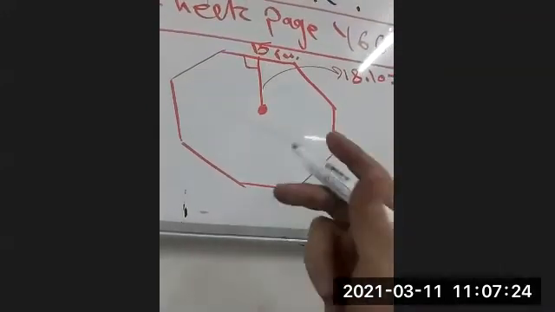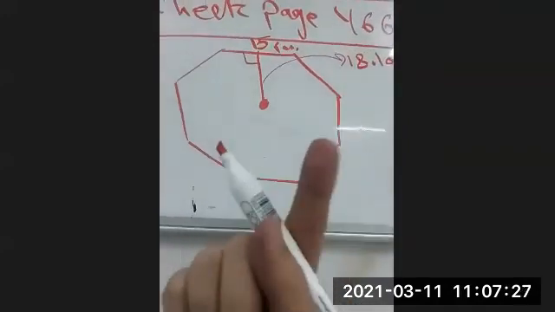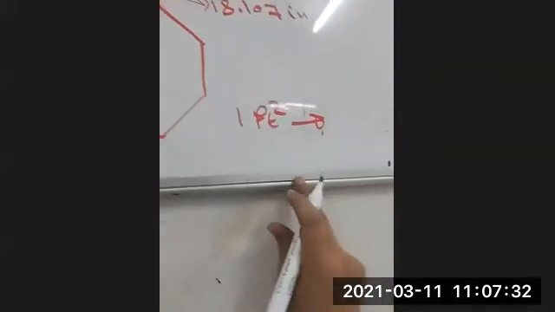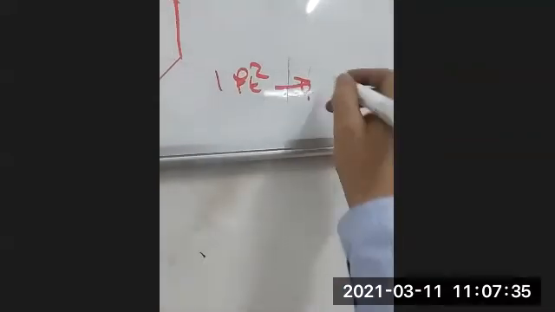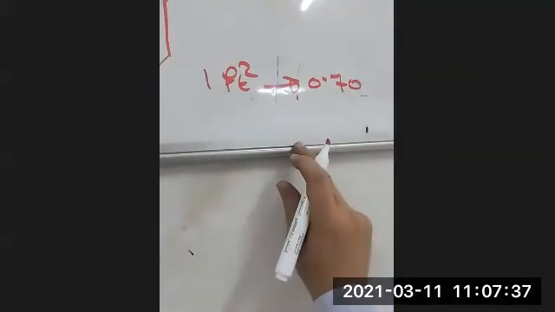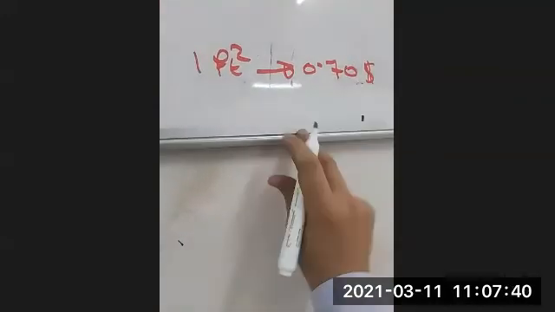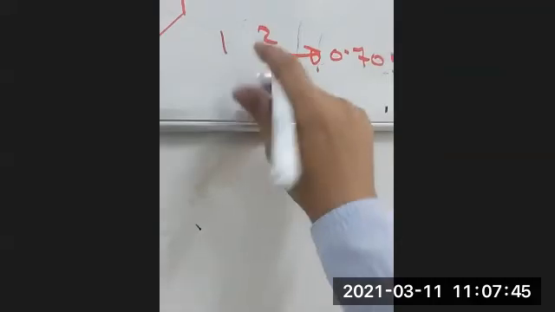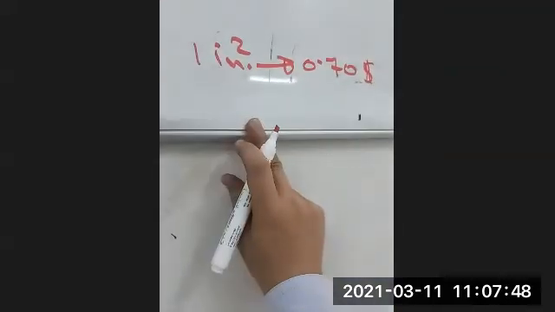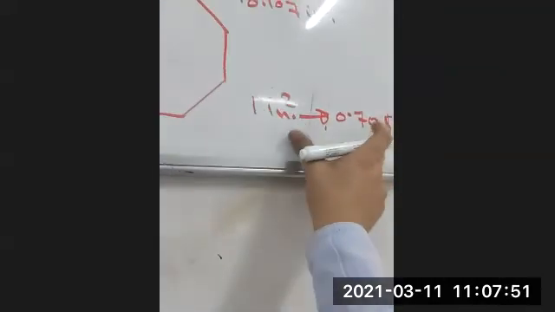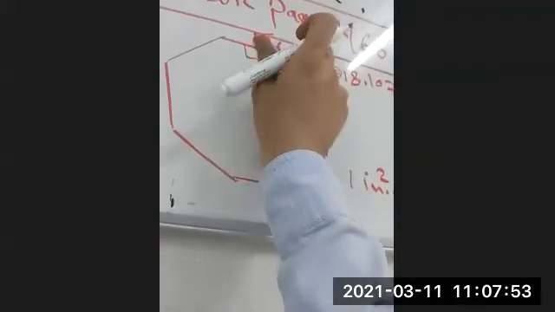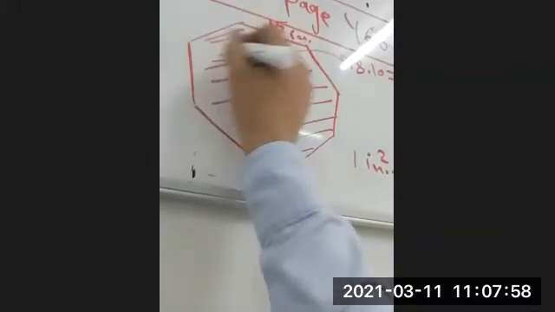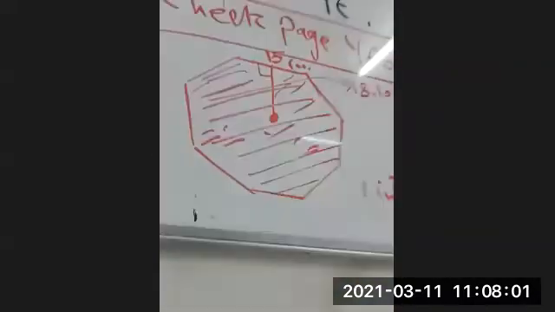They said each square inch costs how much? $0.70, not feet, inch. Each square inch costs 0.70. This is given. They want us to find the cost of the whole octagon.